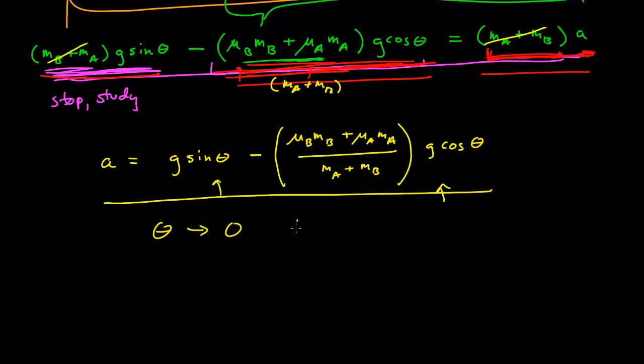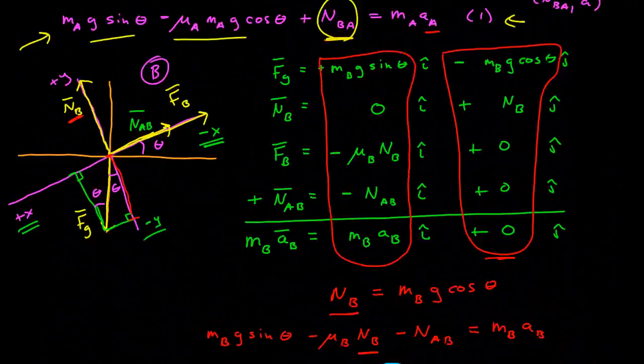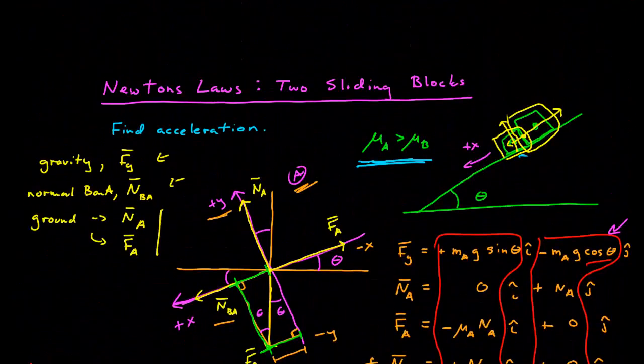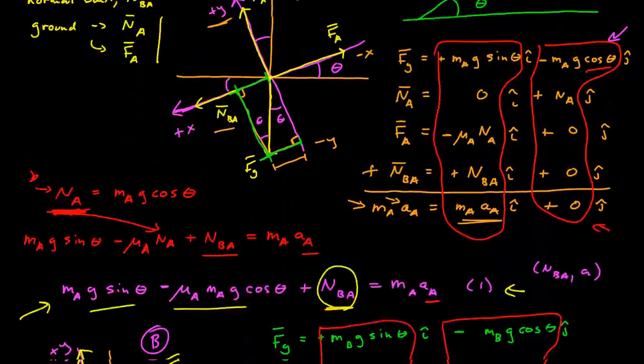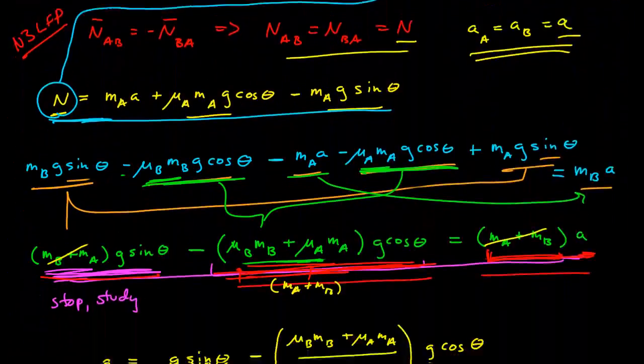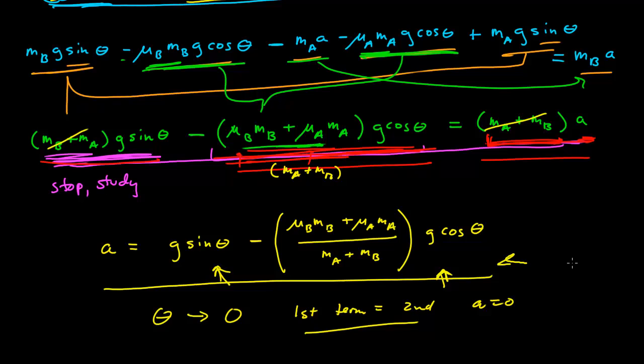So eventually, the first term equals the second as this gets smaller and the second gets larger. And when this happens, the acceleration goes to 0, which makes sense. Let's go back up to my picture. As I lower theta, eventually the system just doesn't accelerate. The friction is strong enough to hold the system, and it won't accelerate down the incline. And that's what this is telling us.